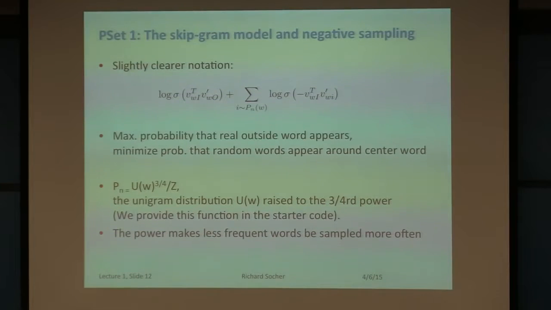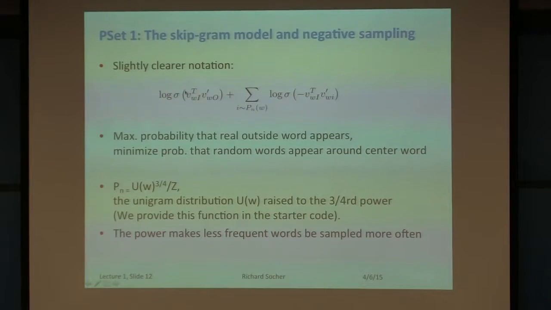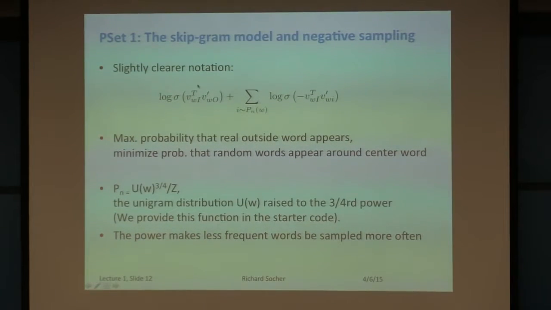But intuitively what that does is when you have very small numbers and they're raised to the power of 3/4, they'll become a little larger, so you're more likely to sample less frequent words when you use this distribution. Okay, so high level again, intuitively here, we want to maximize the probability of these two words co-occurring, and we want to minimize the, again, binary probability of these two words not co-occurring.